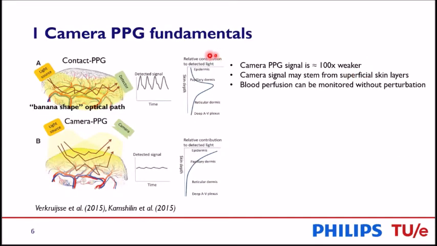So there's still some fundamental difference between the contact PPG and the camera PPG. For the contact PPG, we can put the optical sensor and the light source at specific skin sites such that they construct a banana-shaped optical path that guarantees the photodetector can sense the light from the deep skin layers that contain the arterial blood pulsation. But the camera PPG senses the light reflected from different skin layers, like the superficial skin layers that contain little blood pulse information.